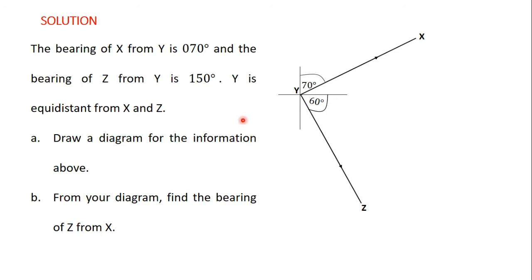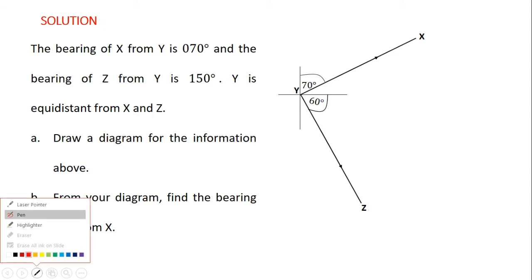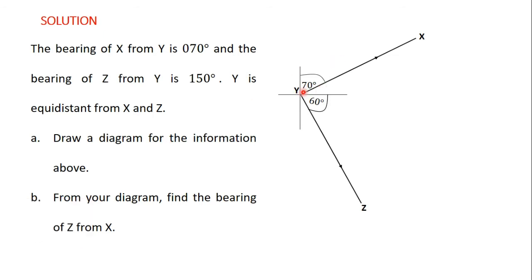The question goes on to say that y is equidistant from x and z. What this statement means is that moving from y to x is the same as moving from y to z.